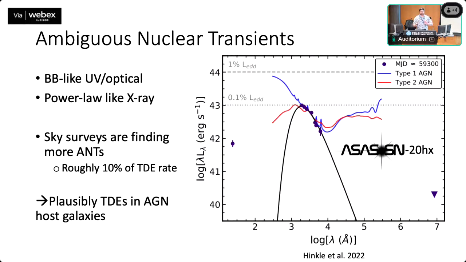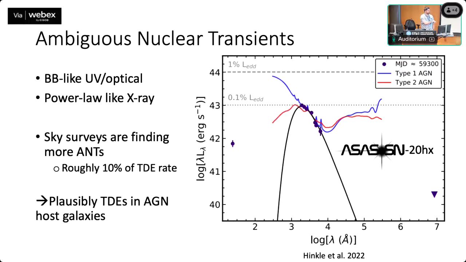I want to take a quick aside to just mention this other class of nuclear transients, and I don't have a nice graphic like the thermonuclear one because these are much rarer, but there's a growing zoo of nuclear transients that we've discovered from optical surveys, and one of these is ambiguous nuclear transients, or ANTs, and I'm just bringing this up to say there is this class of events that kind of shows this mix of TDE-like observables, in particular, black body-like UV optical, nice smooth flares, not the typical AGN variability that you see, but more AGN-like spectra and AGN-like power law X-ray emission.